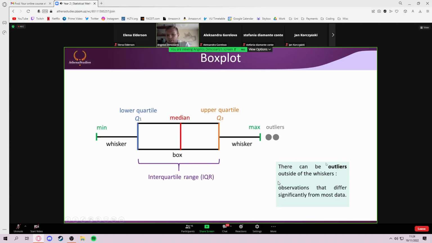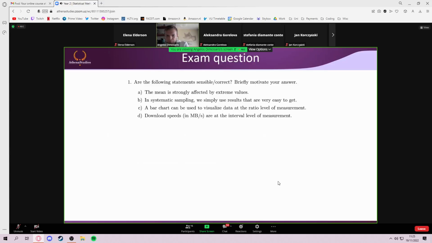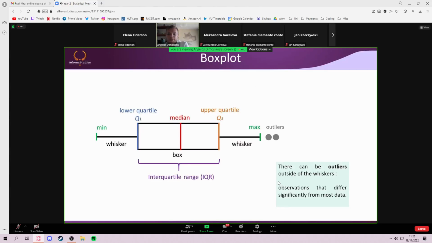These are the observations that lie outside of the whiskers. And why do they lie outside of the whiskers? Because they differ significantly from the other data. So these are two extreme values. In this case, they are positive values, right? Because they're higher than the max. So there are two extreme positive values. Okay, any questions here?